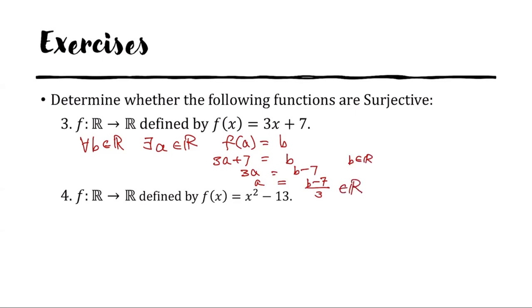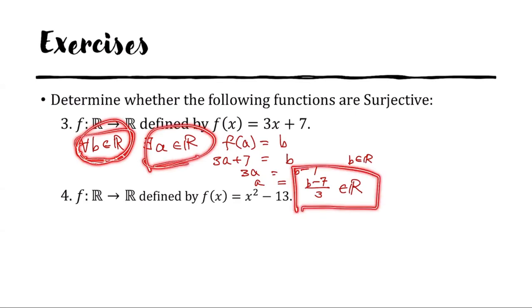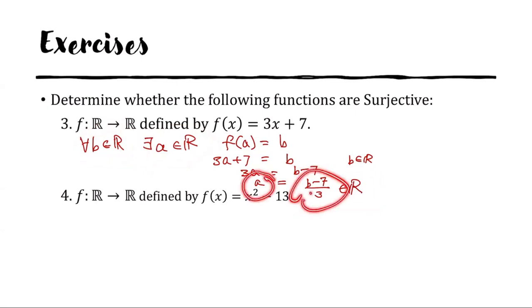So for every element in your output set, there exists an element from the input set that goes to the output. Right, and this is also the inverse function now.